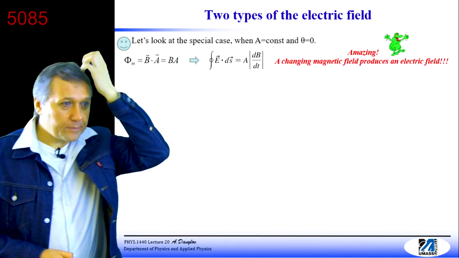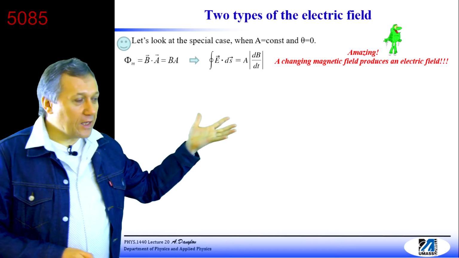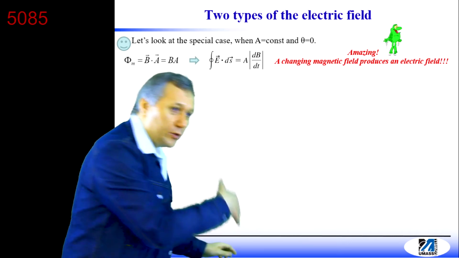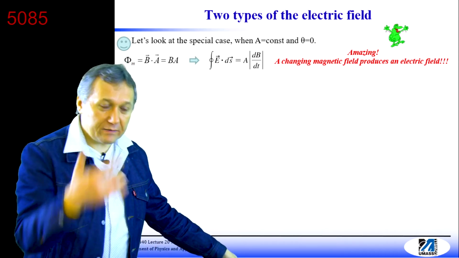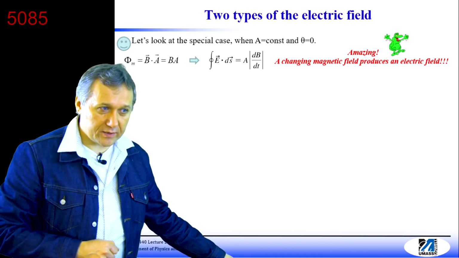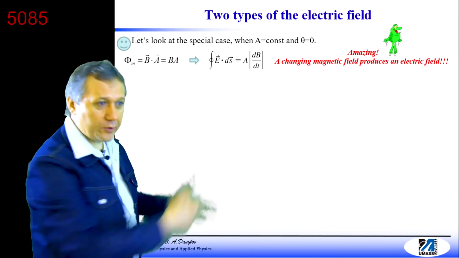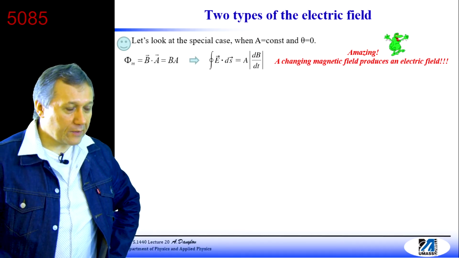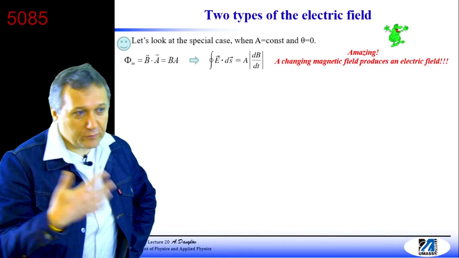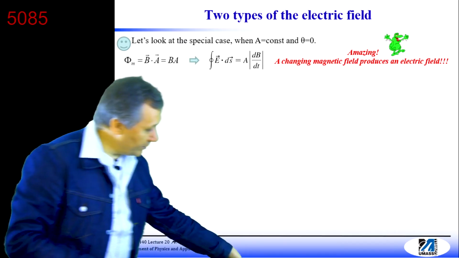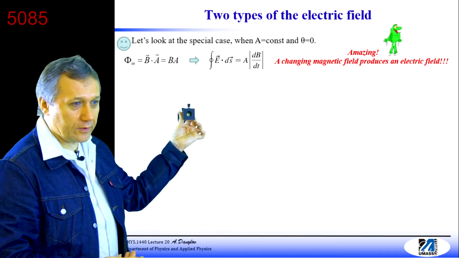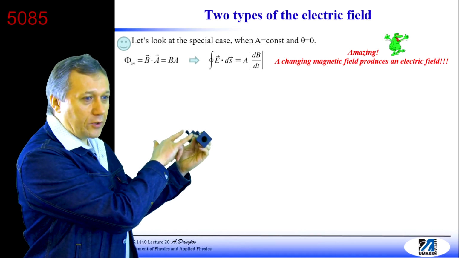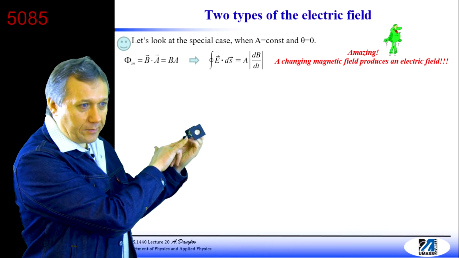Okay, right. And that's what happened in the previous example, right? When we have a uniform magnetic field, and that magnetic field changes in time, an electric field is produced, with electric field lines in the form of circles. Right? For example, let's say I have a solenoid, and let's assume that the current through the solenoid is changing in time.